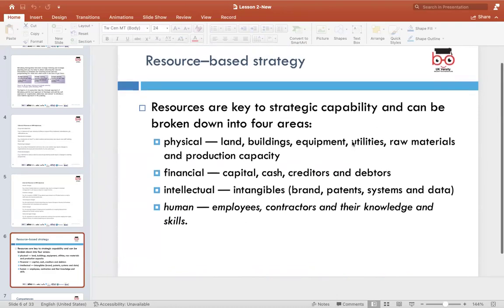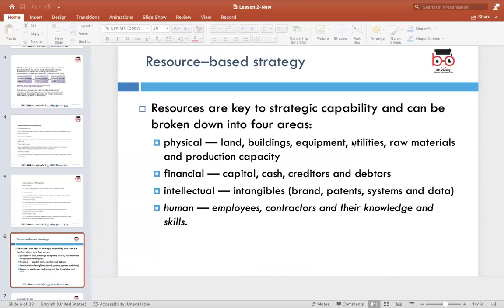Now I'm going to talk about resource-based strategy. Resource-based strategy, also called the resource-based view, RBV, is essentially that an organization understands the importance of the resources that they already have, how capable they are in delivering those resources, and how to gain a competitive advantage over the market.